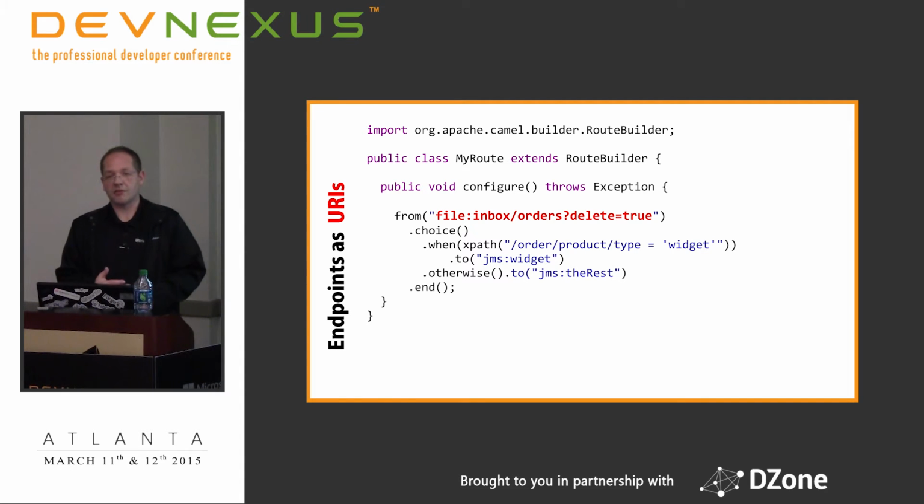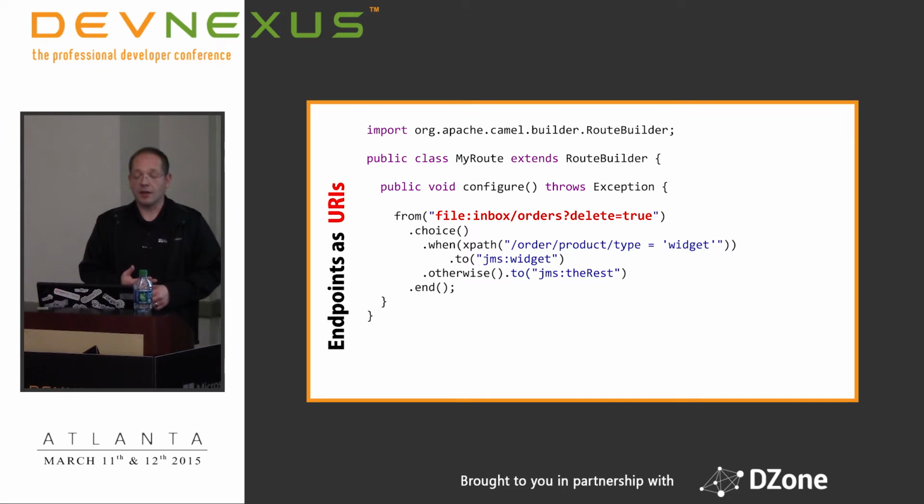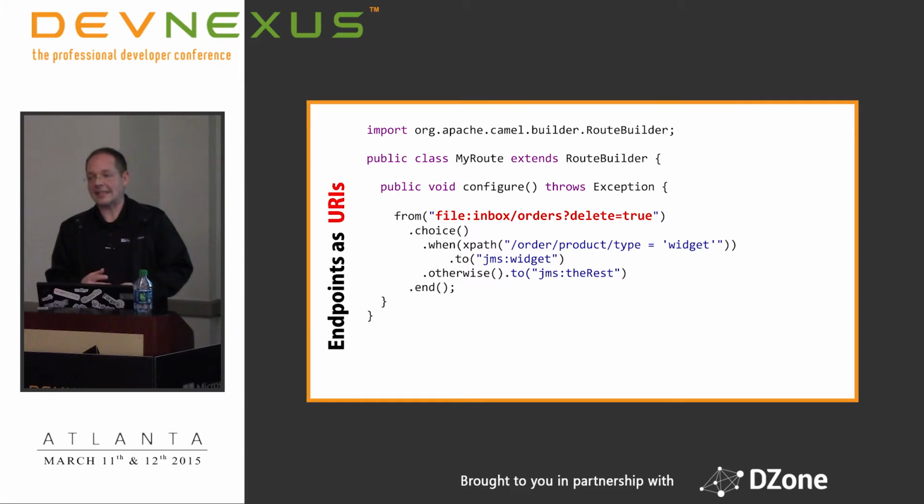So we have attributes that we can configure on those URIs, and they are readable, usable. It's easy to understand and easy to look up. And I have to admit, the documentation for the individual components is just extensive. So all the attributes are really at your fingertips whenever you need them.